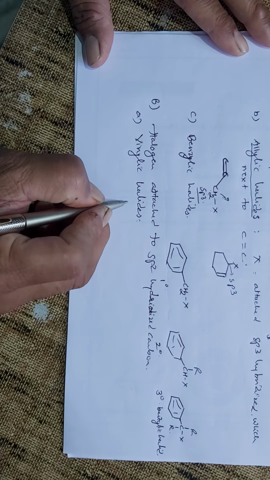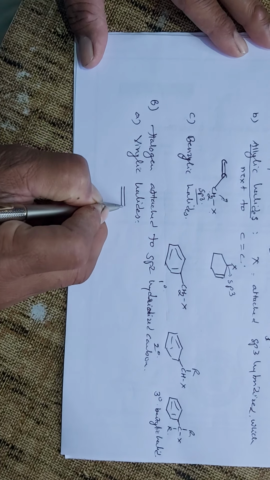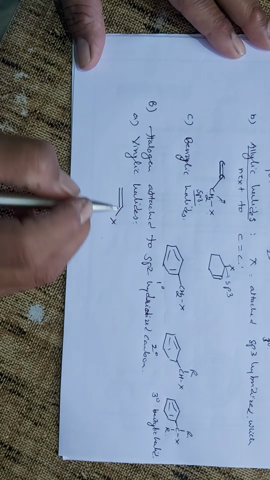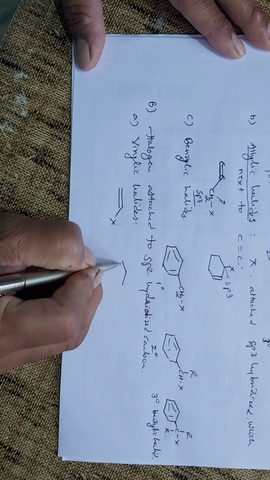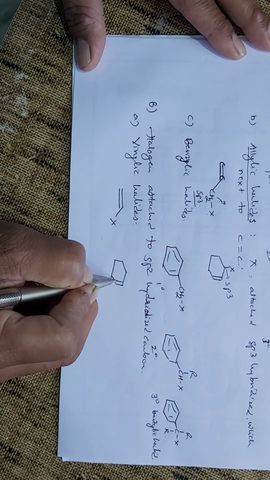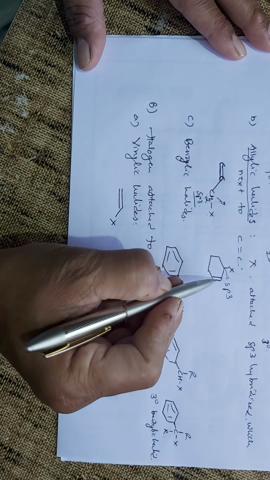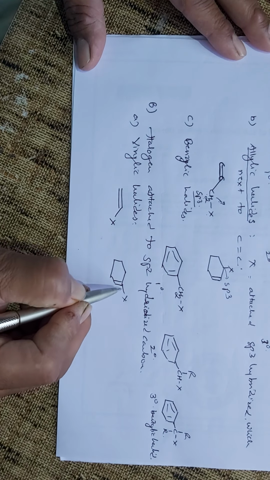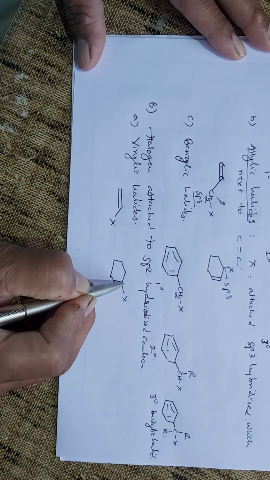But here the case is that there is a presence of a carbon-carbon double bond, and to it the halogen is attached, or in an aromatic system, it is attached to an sp2 hybridized carbon atom. Here this carbon is also sp2 hybridized, and such type of compound is called vinylic halides.